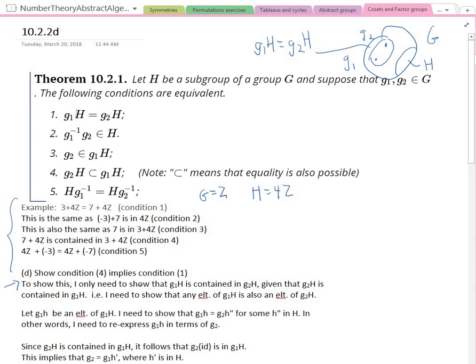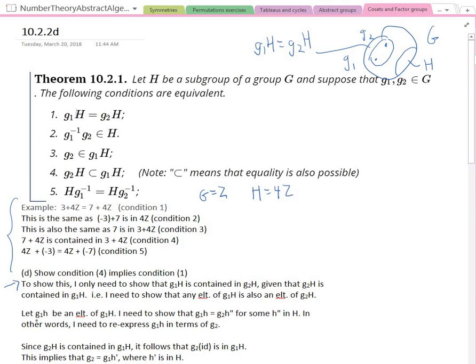Now to do this, I need to show that any element of G1H is also an element of G2H. That's how we show that one set is contained in another: every element of the one set is contained in the other set.